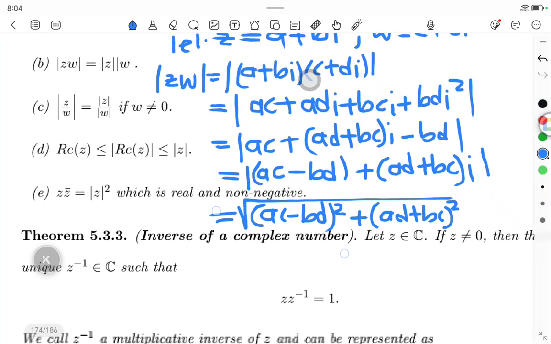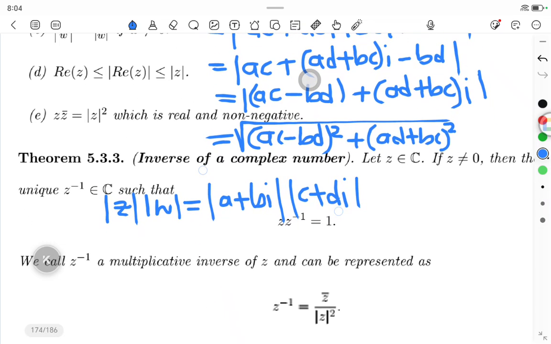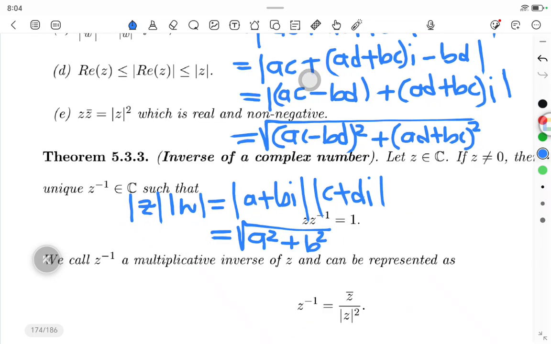Then the other side, we're going to have the absolute value of Z times the absolute value of W, which is just going to be A plus BI, then C plus DI. Then I apply there. This is A squared plus B squared, and this is C squared plus D squared.